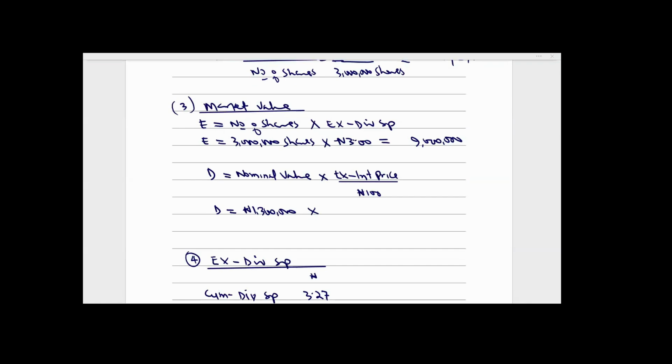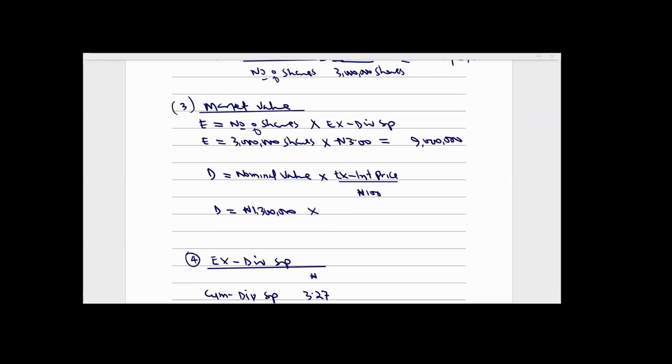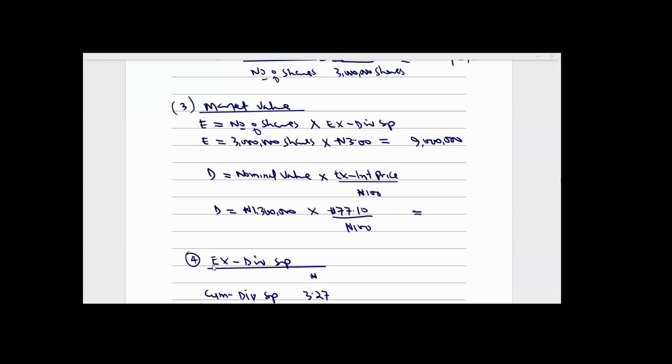The examiner told us that the annual debenture interest has just been paid. So that means that 77.10 is already the X int price. So here is 77.10 divided by 100 naira. So what do you have here? All right. So I will say 0.771 multiplied by 1,300, or 1.3 million, equals 1,002,300 naira.